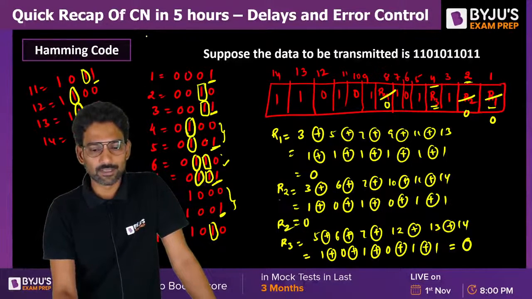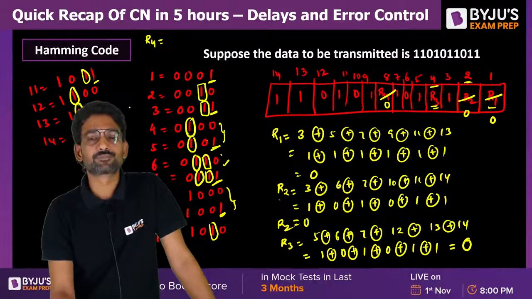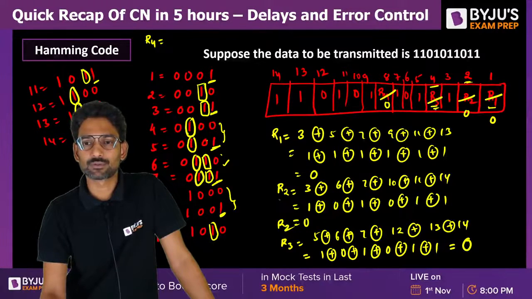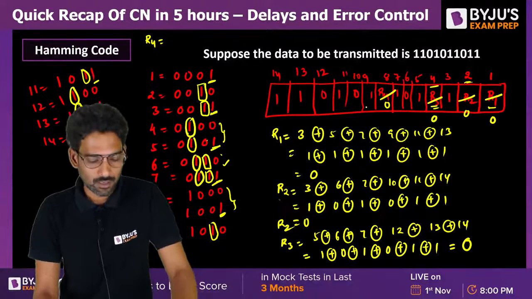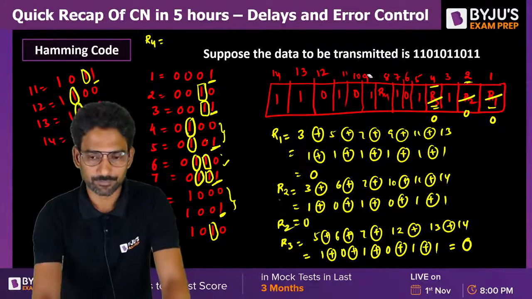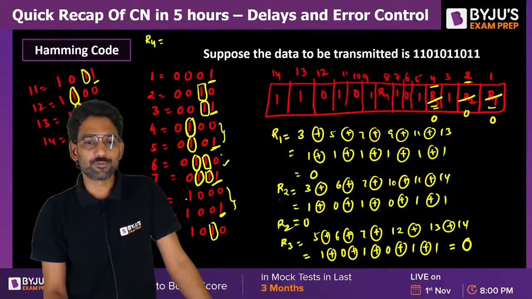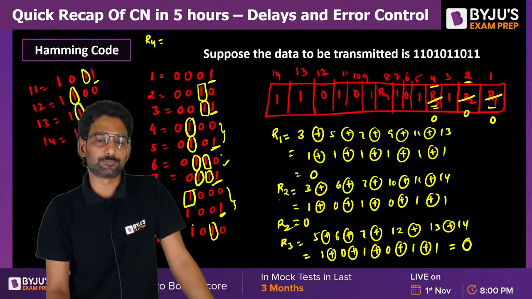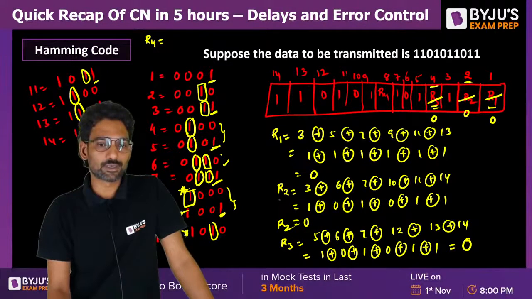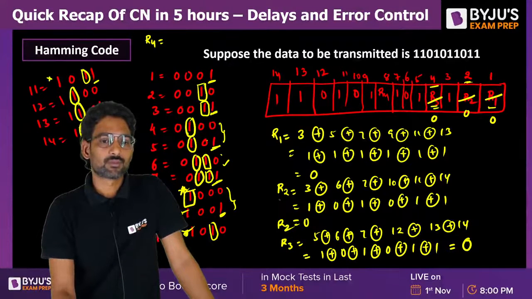Now finally R4. R4 is the 8th position bit. So for the 8th position, if you see, the MSB 1 is there. So what others have MSB 1s? You check it. From 8 till 14 all have MSB 1s.